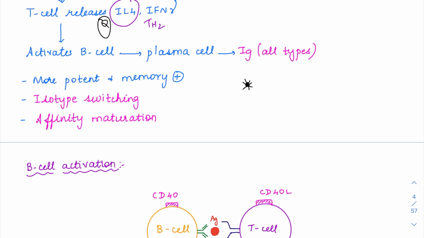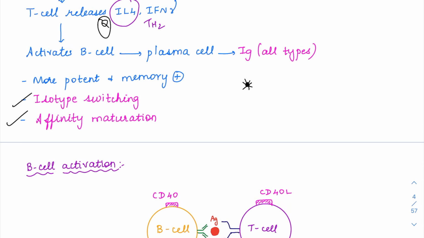Against a specific part of this antigen, a specific antibody is going to be produced. How does that happen? It is because of this process of affinity maturation. So this kind of production is called affinity maturation. Both isotype switching and affinity maturation are very important for a potent immune response.